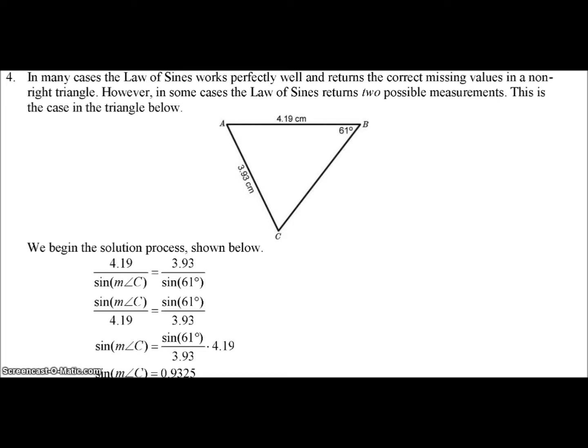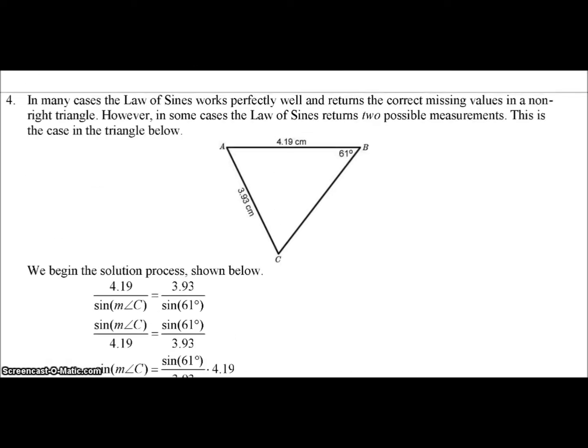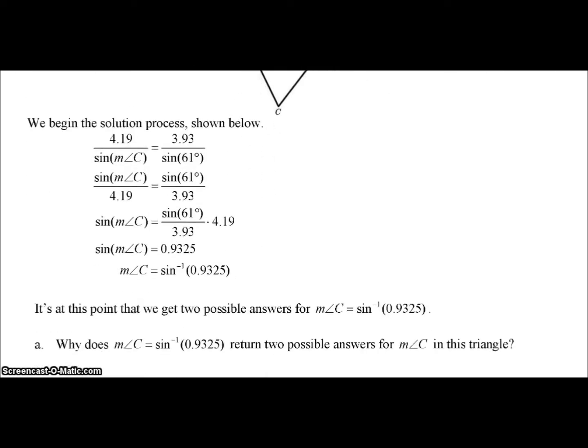So they've already done the process for us. 4.19 over the measure of angle C equals 3.93 over the measure of angle B. And they've solved for sine of the measure of angle C. Then they've taken the inverse sine, and they note that it's possible to get two answers. And they leave it to us to decide why.